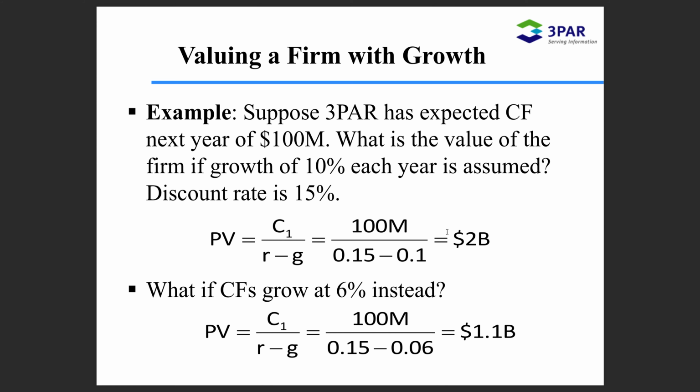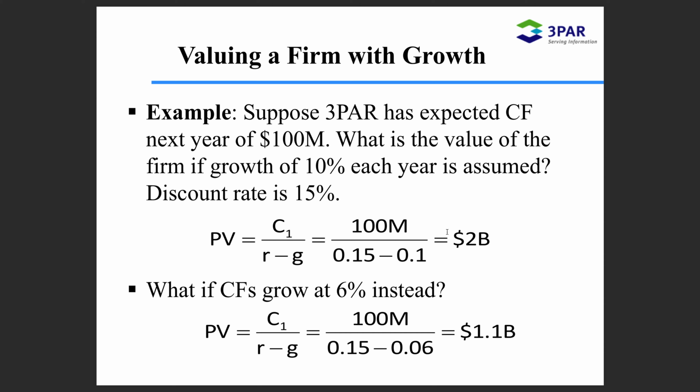What will happen if the growth rate is lower? If, let's say, we made a mistake by saying that the growth rate is 10% and it is actually only 6%. Well, again, we apply growing perpetuity formula. This time we substitute 0.06 for the growth rate, and we can see that the value dropped to $1.1 billion, which is quite significant.